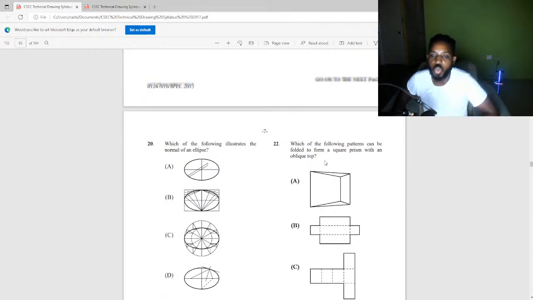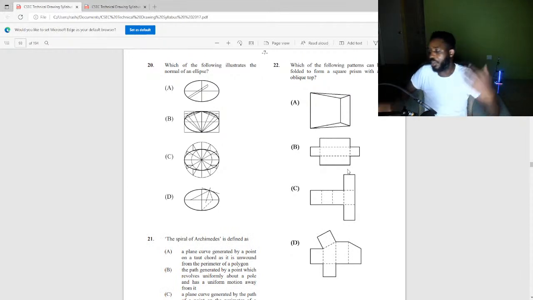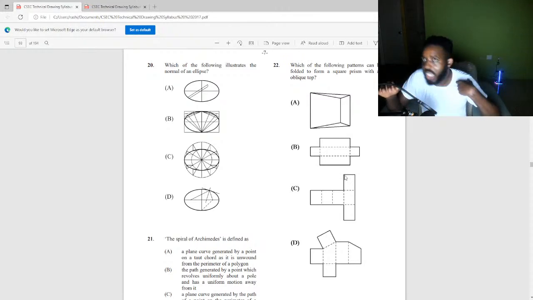Number 22, which of the following patterns can be folded to form a square prism with an oblique top? An oblique top just means that the top isn't necessarily flat. It's kind of at an angle. Even if it's square or rectangular, it's at an angle. So it has an oblique top.